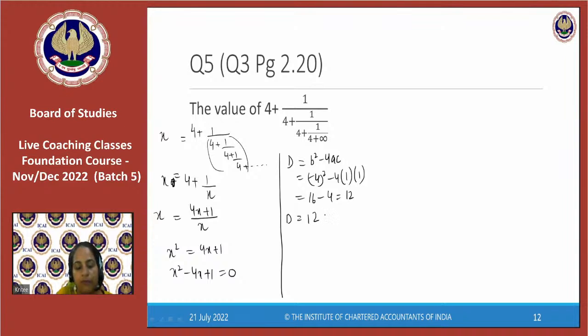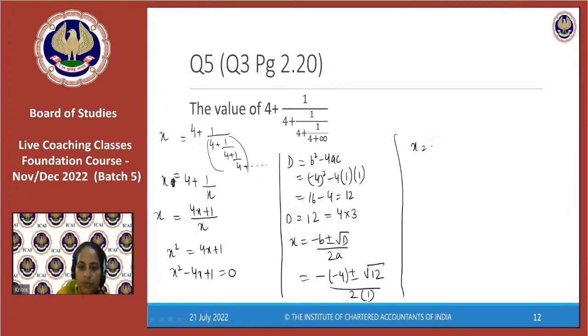12 can be written as 4 into 3. Now your x is minus b plus or minus root D by 2a. So it is minus of minus 4 plus or minus root 12 by 2 into a is 1.